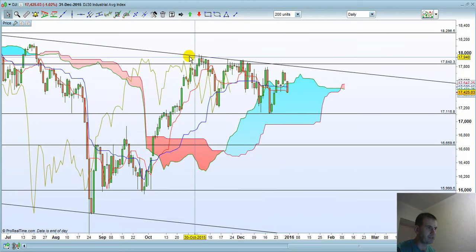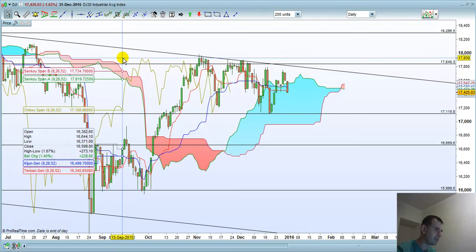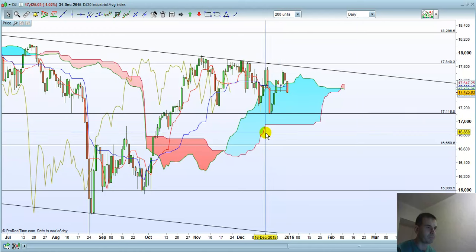Overall trend is more lower, more bearish than bullish, and the price declines now, formed a bearish candle and declines in the cloud.